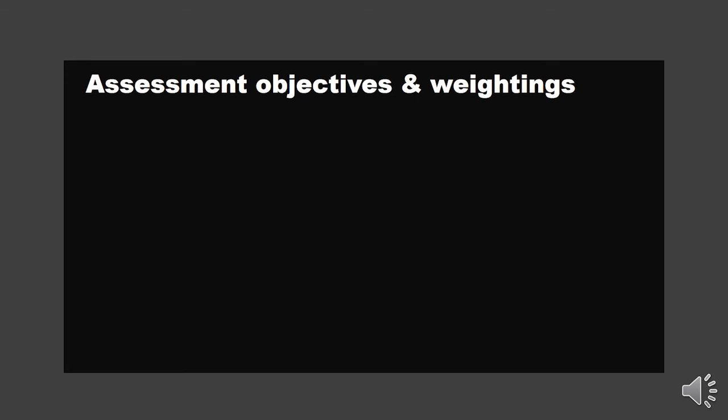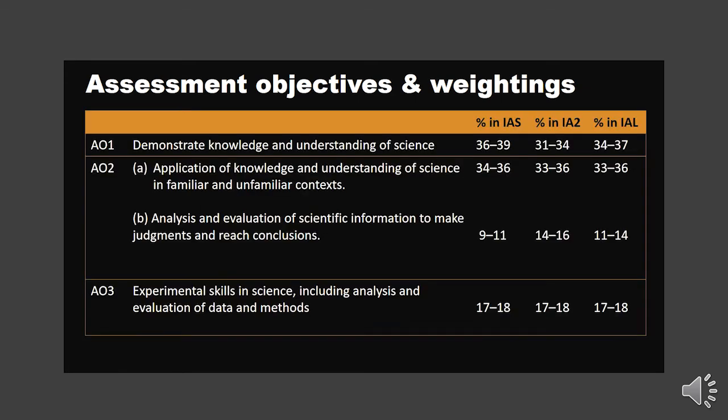So next let's see about assessment objectives and weightage. If you see, this slide has 3 assessment objectives: Objective 1, Objective 2 and Objective 3. These assessment objectives are very important because the questions in your exam fall under any of these 3 objectives.